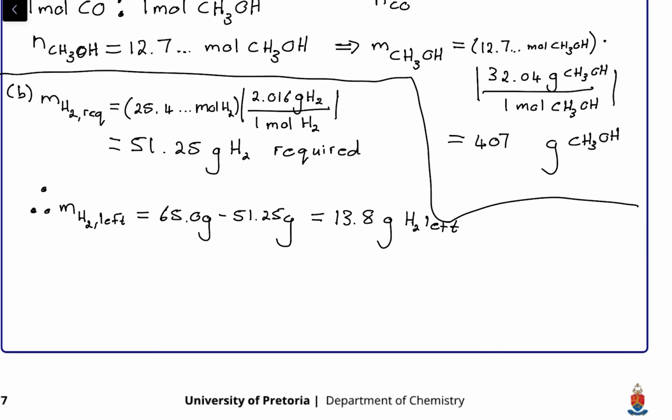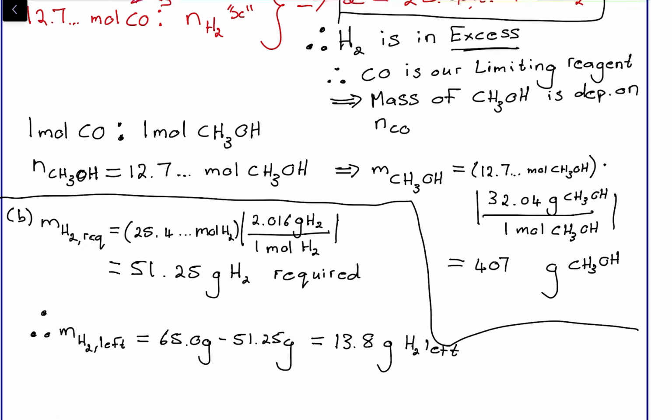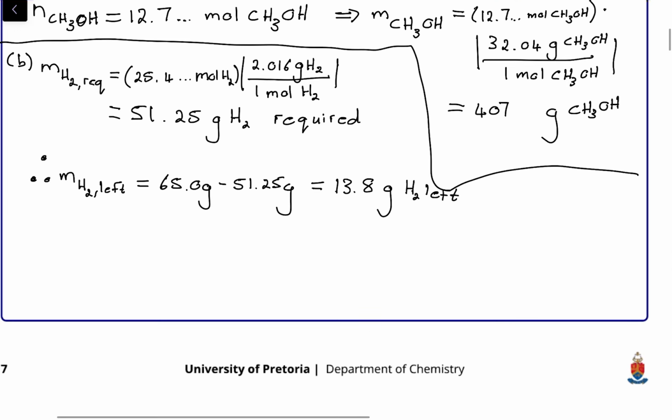That's typical of these examples. You have one reagent in excess, which is the hydrogen. You have one reagent which is limiting, the CO. It's completely used up. And then you have a product that is formed, but it's dependent on the amount of CO that is present. So I quickly want to draw something up here, which we call an amounts table.